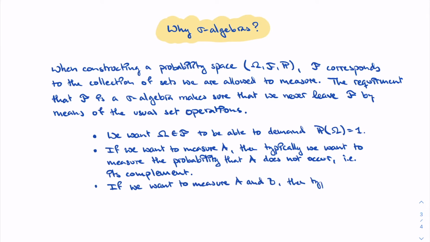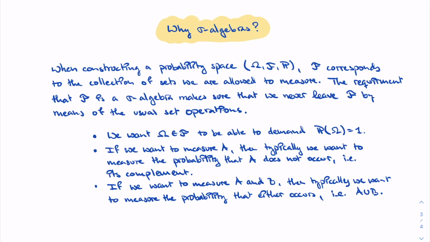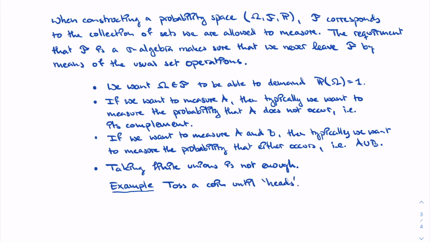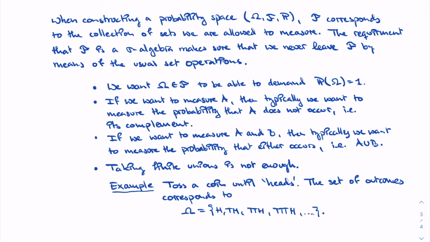Also, if we want to measure two sets A and B, then typically we want to measure the probability that either of the two occurs. That is, we want their union to be in the collection. Finally, taking finite unions is not always enough. Consider the example of tossing a coin until heads. The set of outcomes can be described as heads, tails heads, tails tails heads, and so on.